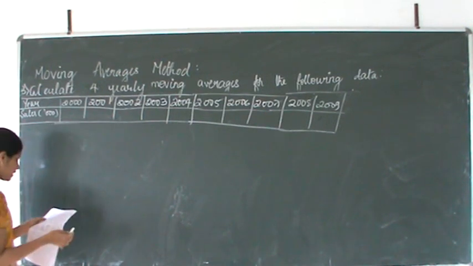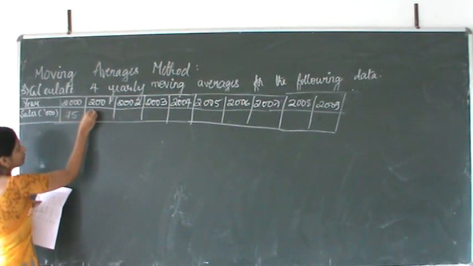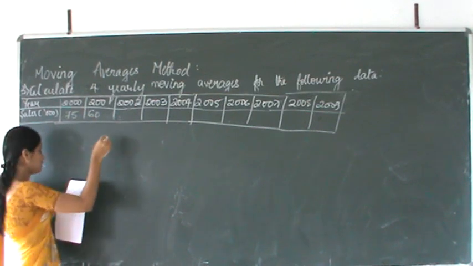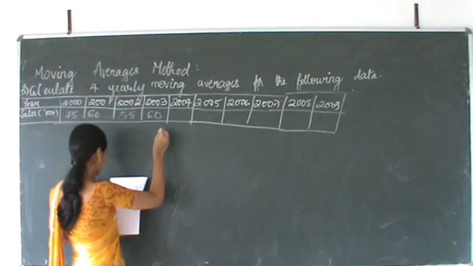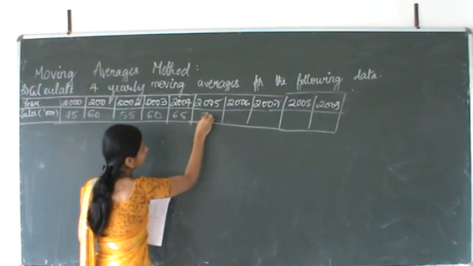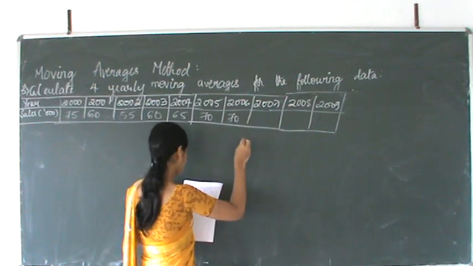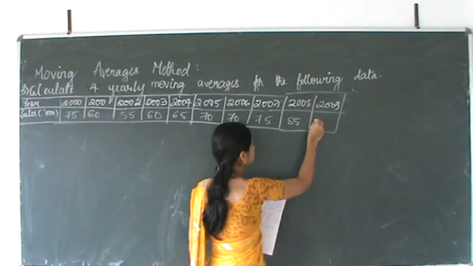Next information is sales in thousand. It is 75, 60, 55, 60, again 65, 70, 70, 75, 85 and 7.